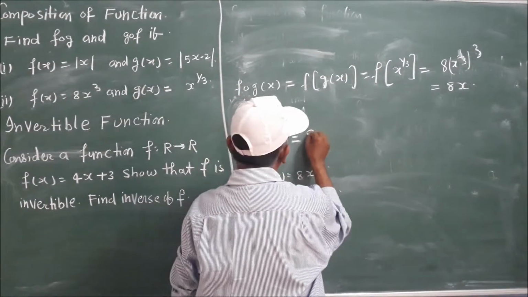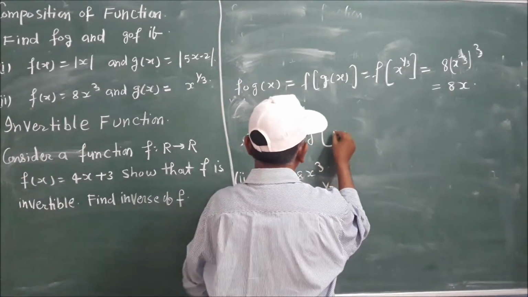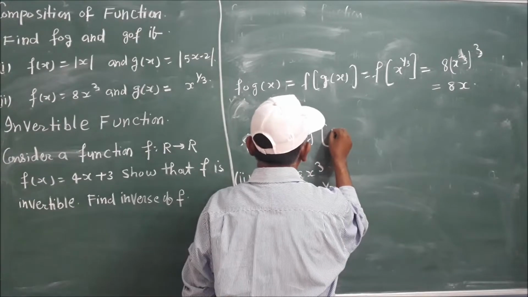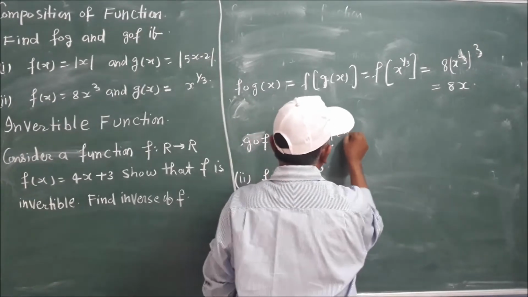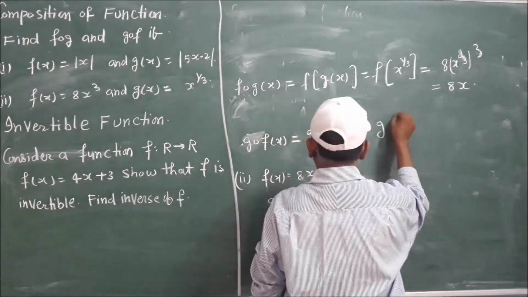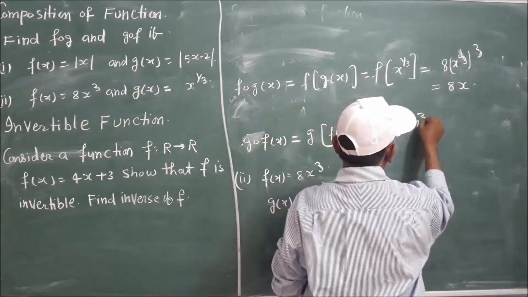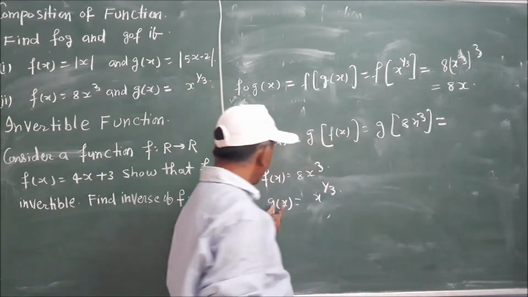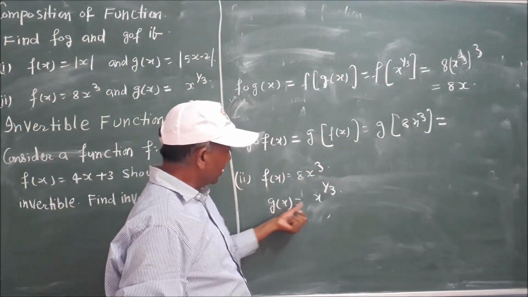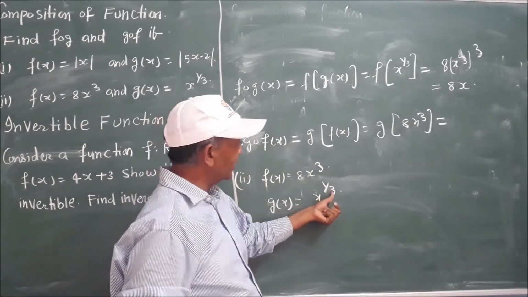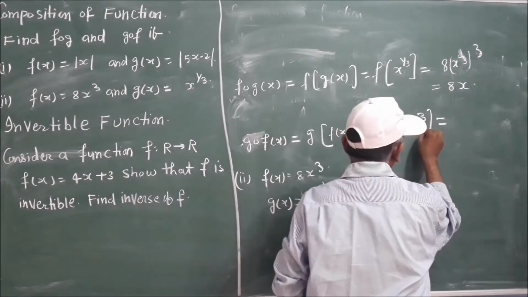After that you have to calculate g of f x. g of f x is g of 8x cube. If here is x, this will be your x to the power 1 by 3, so in place of x, here is 8x cube.